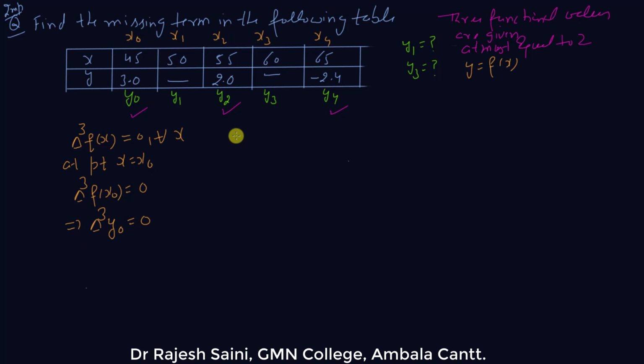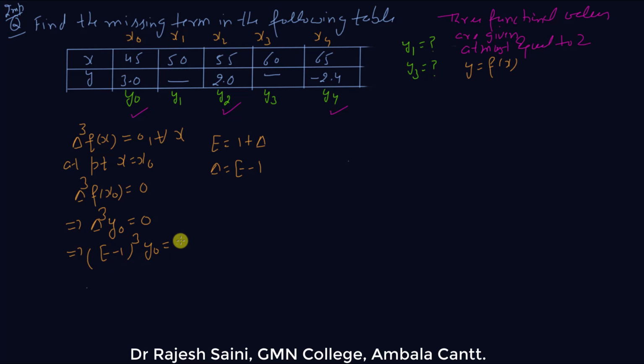Now use the relation between delta and E. E is equal to 1 plus delta. From here delta is equal to E minus 1. Use it over here: (E minus 1) cube y0 is equal to 0.